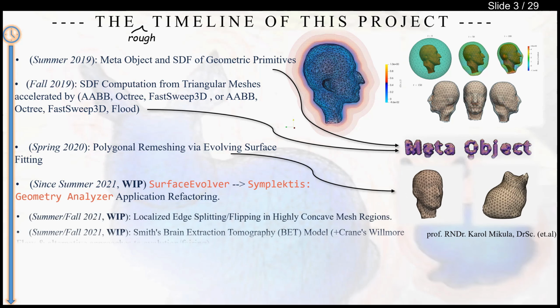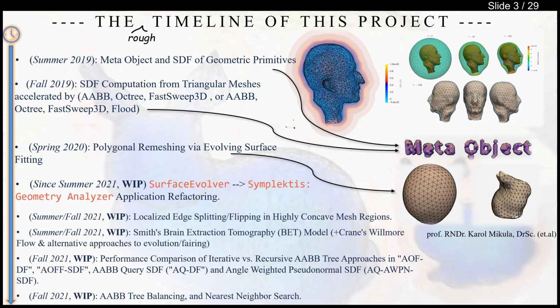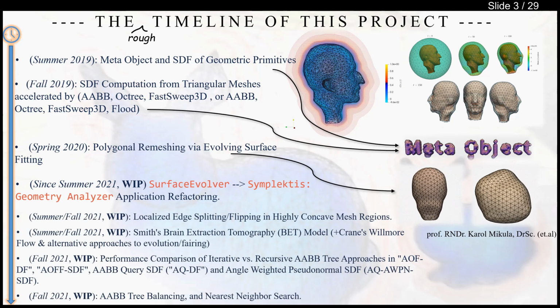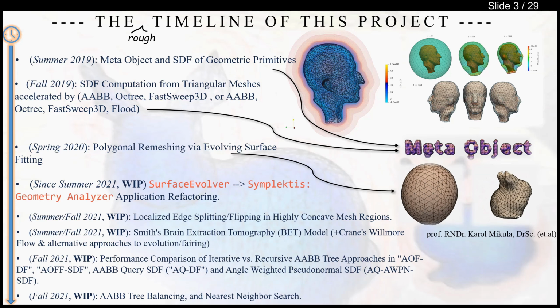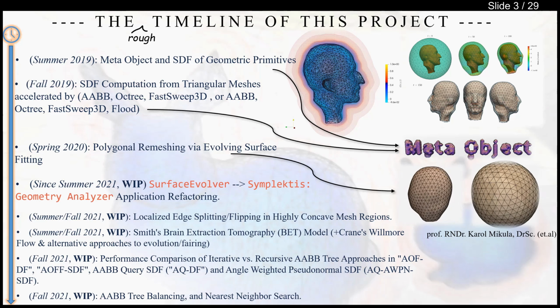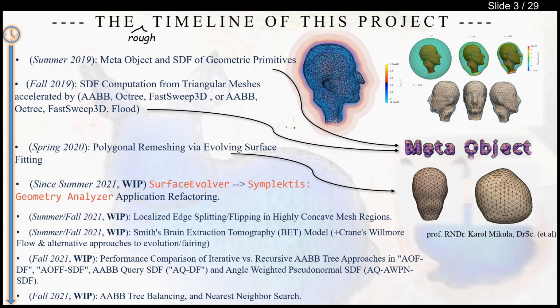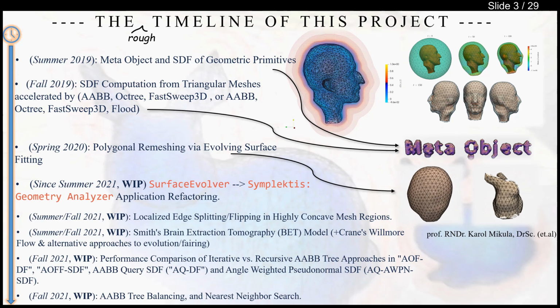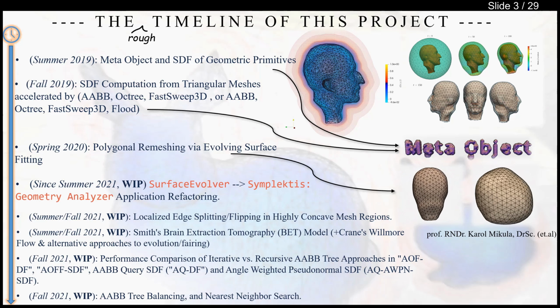As of today, I've covered additional topics with my PhD supervisor, such as mesh topology adjustments, where they're really needed in highly concave regions during surface fitting, better tangential adjustments to mesh vertices from an even older model from as early as 2002, widely used for computing brain shape extraction using a sort of icosahedral sphere mesh evolving into a desired shape, plus alternative evolution surface varying models such as Willmore flow.